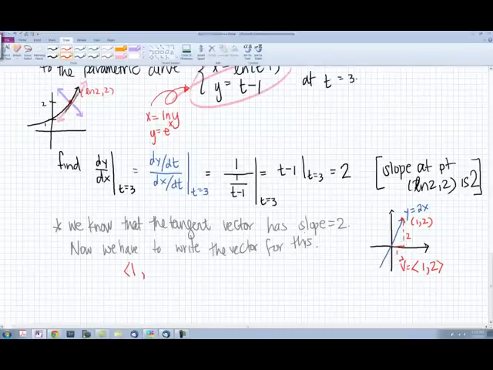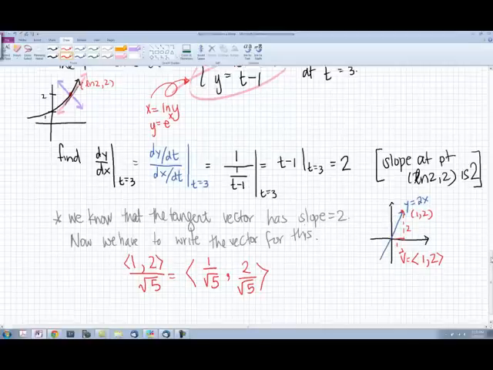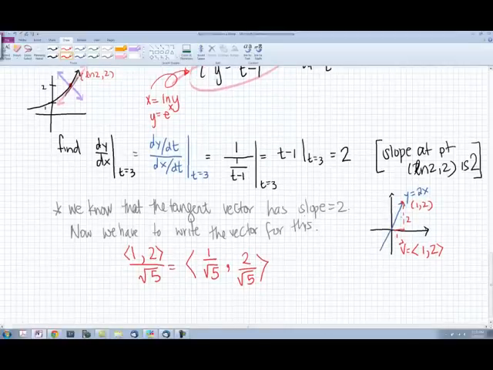So I'm going to have 1, 2 divided by radical 5, and I'm going to have vector 1 over radical 5, 2 over radical 5. That is going to be a vector pointing in the direction that follows this line with the slope of 2, and it's going to be going up into quadrant 1, because the coordinates are positive and positive.